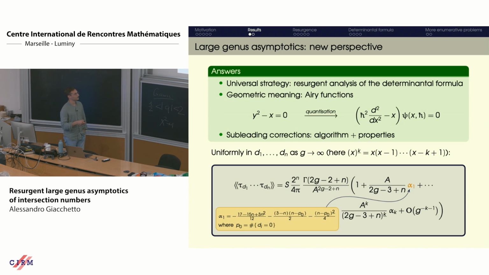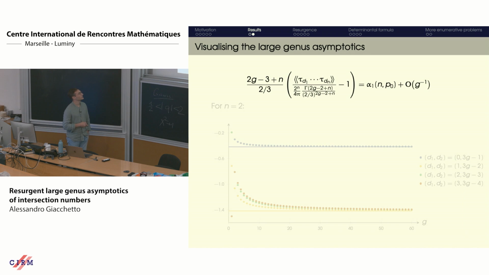And I can show you with some numerical data how to see this dependence on the di's that you can see in this alpha 1, for example. So if you rearrange the formula that I just showed you, you can actually isolate this alpha 1 in this way.